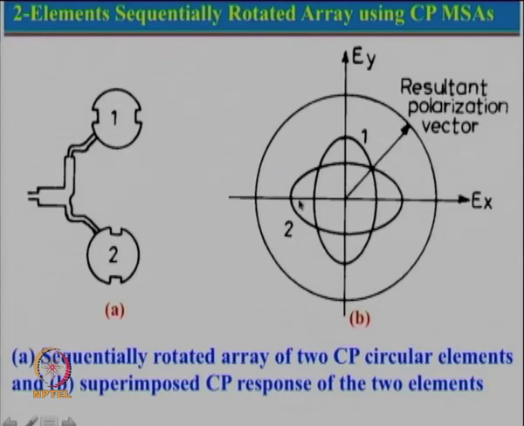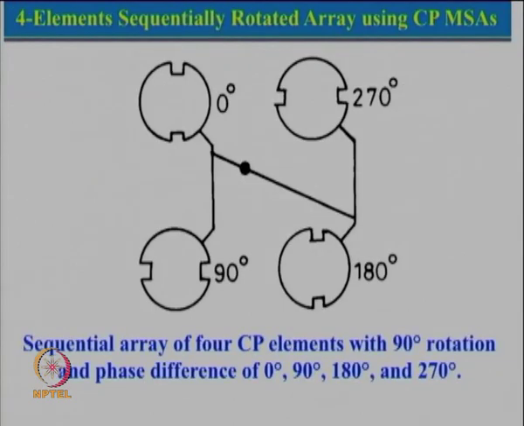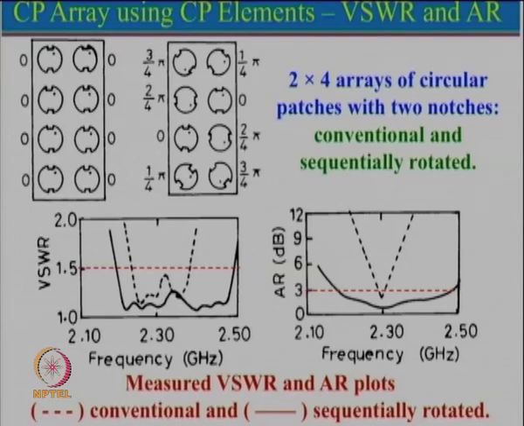So the contribution from one patch is more, but the contribution from this patch is relatively less, and that is why the gain of the sequentially rotated array in general is less than the gain of the normal conventional antenna array. So, if your application demands high gain, then better use conventional, but if your application requires larger axial ratio bandwidth and larger VSWR bandwidth, and you can compromise a little bit on gain, then please use a sequentially rotated microstrip antenna.